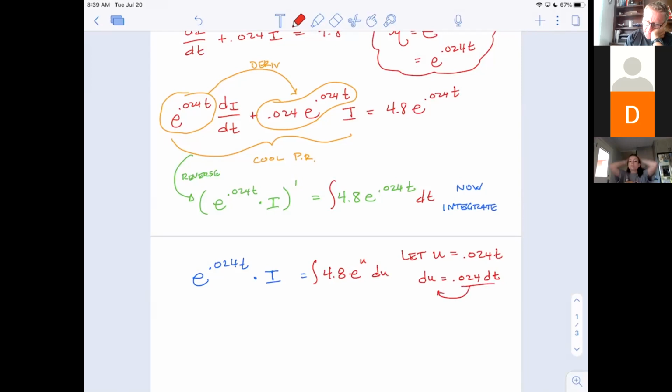Don't I have to divide that 0.024 to the other side? Maybe you're good enough at integrals that you didn't even need to make that substitution. Notice the integral of e to the junk is e to the junk, but as a shortcut, you have to divide by the junk because we're taking the derivative of the junk. So you don't have to write that substitution down, but you need to understand it. So let's see. Since I'm working with decimals, I might as well take 4.8 and divide by 0.024.